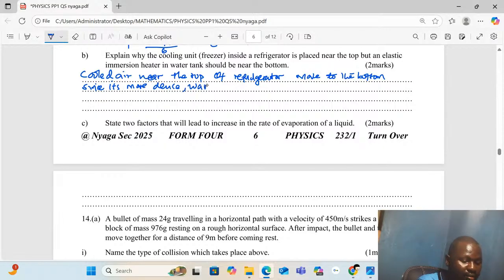Warm air rises up to the cooling chamber.